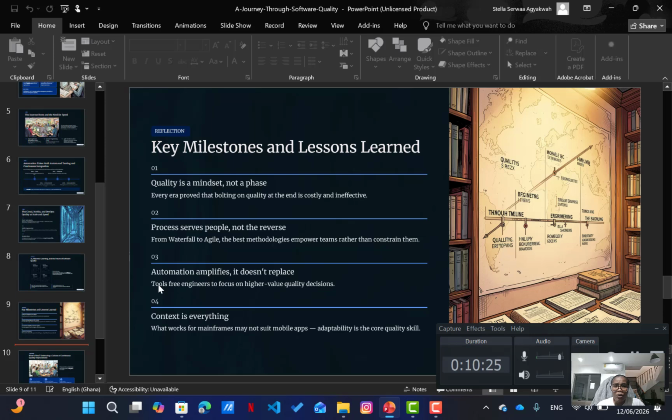Third, automation helps teams work more effectively but does not replace human judgment. Finally, different projects require different quality approaches because context matters. Successful software quality depends on people, processes, tools, and adaptability.